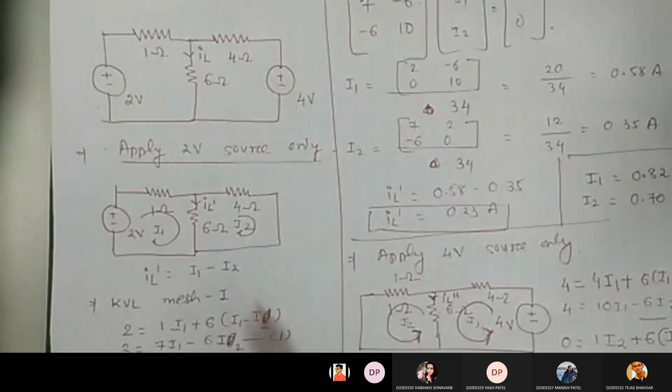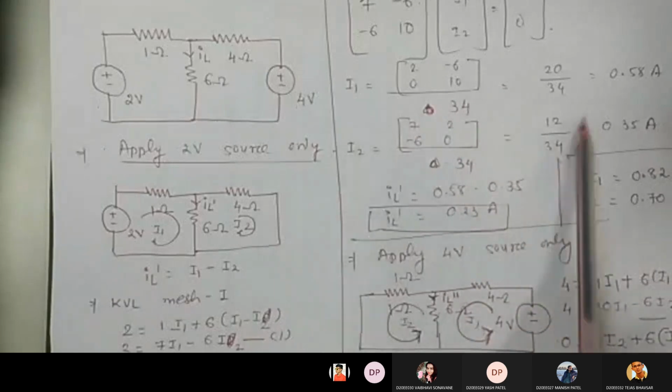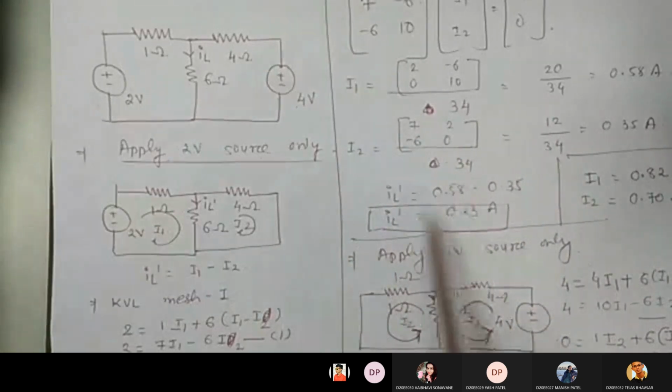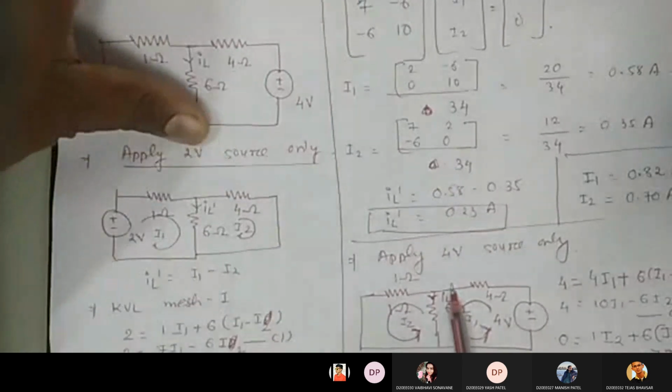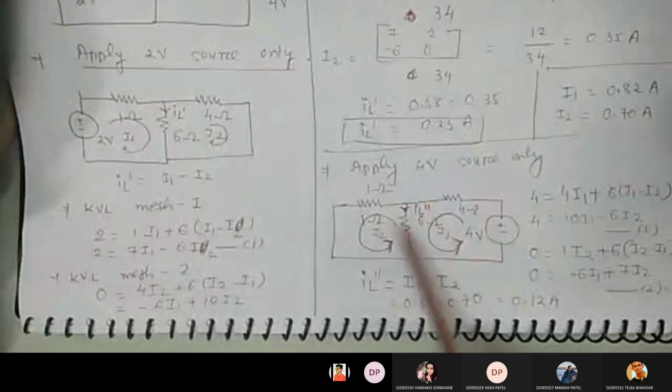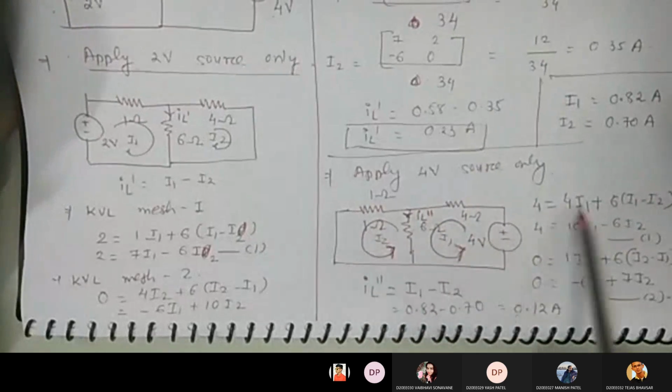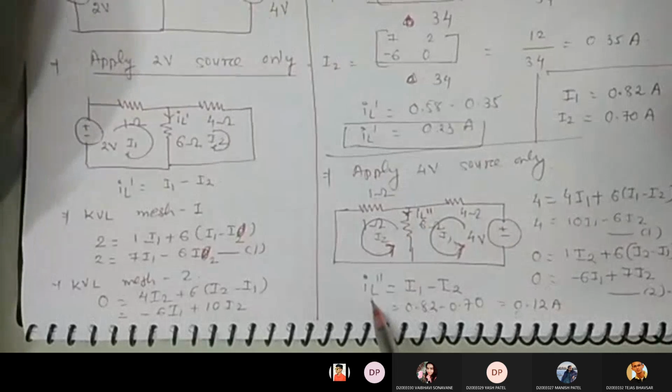I will apply mesh analysis in the circuit, so I will get I1 and I2, and I will put the values of I1 and I2 in this. So I will get 0.23. Now in the second circuit I will apply 4 volt only. Then I will have two meshes, and from these two meshes I will get IL double dash.